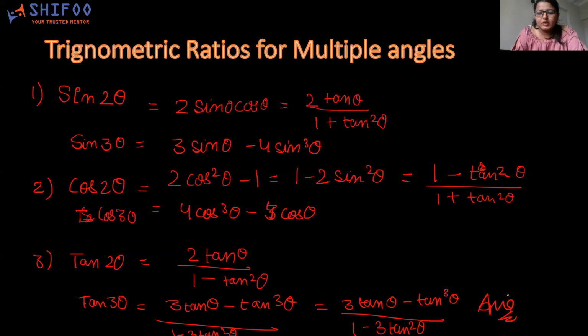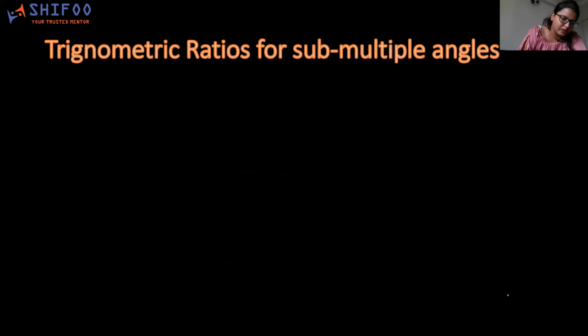So let's move on to the trigonometric ratios of submultiple angles now. For that, I'd like to mention the first formula as sine A. You know, sine 2 theta was what? 2 sine theta cos theta.